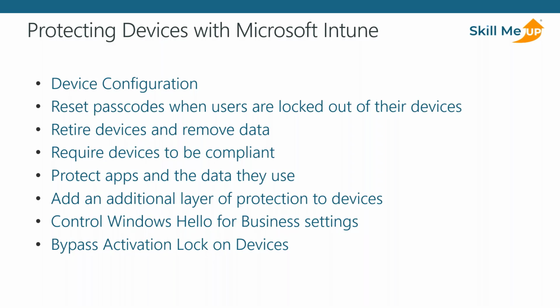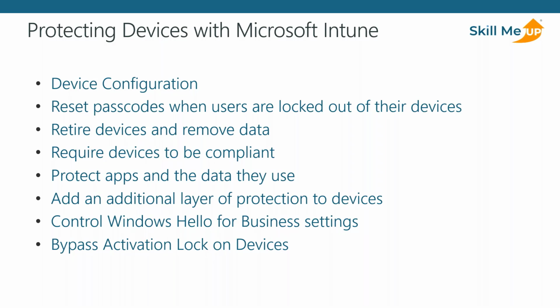You've also got protect apps and data they use. This is one that will allow you to protect the application. So think of a bring your own device capability where I'm able to say Liam can use his personal device, but I want to make sure that all of the data is restricted. And so I can do that. And that will ensure that even if I try and copy Word documents, for example, from the OneDrive client to SharePoint or to something else, that I have a level of control over that and I can restrict that from happening.